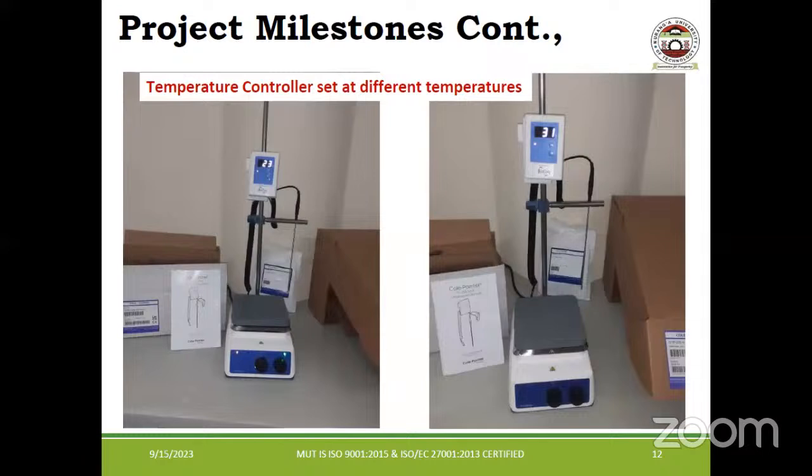But with this temperature controller, it has done us great, because we can actually set a temperature, and if we want to synthesize a material at, for example, 30 degrees, this temperature controller can limit the temperature for that precursor solution at 30 degrees.